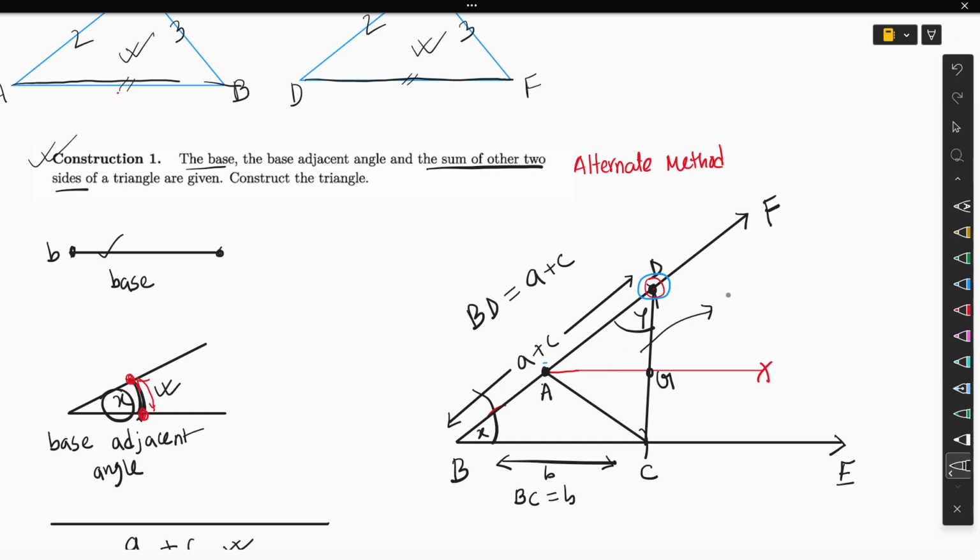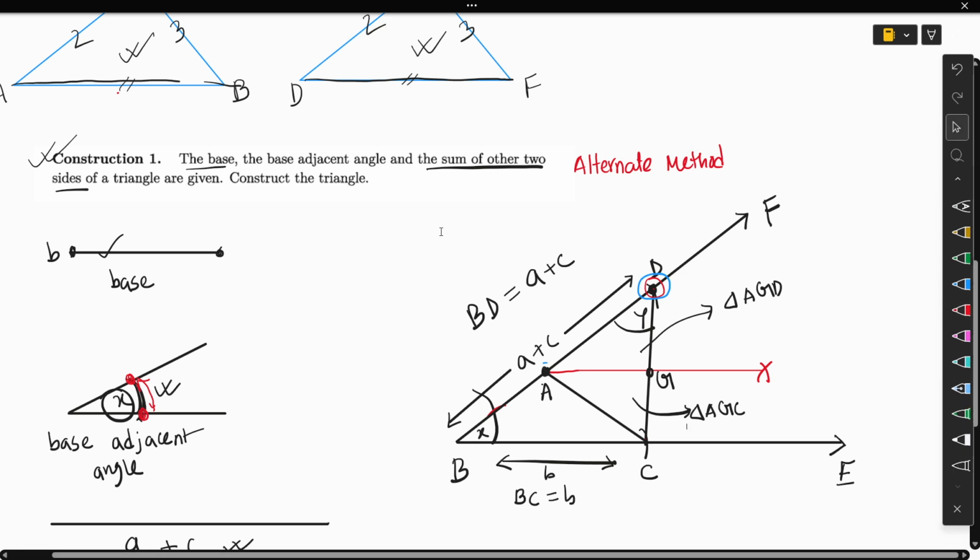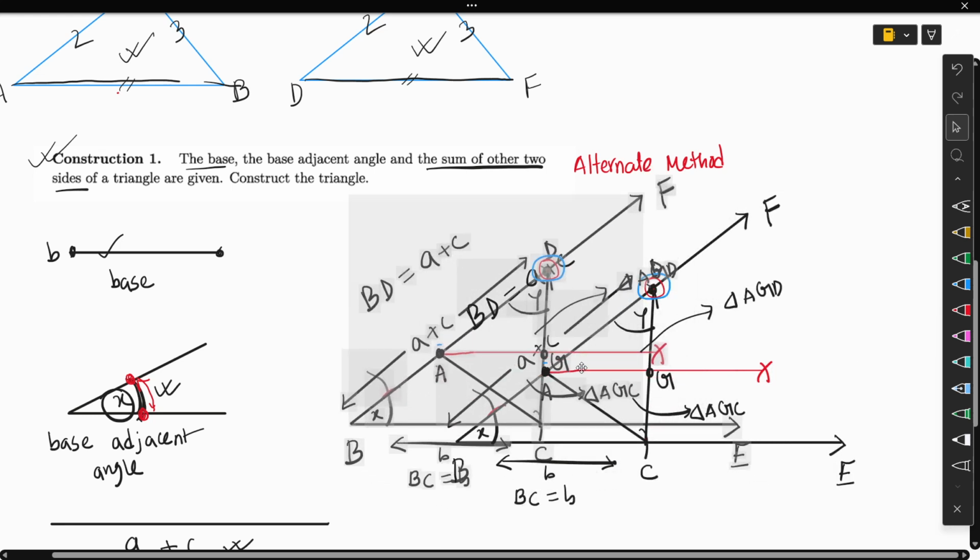This is triangle AGD, and this triangle is AGC. Okay, AGD and AGC. So what is happening? Let's move this one a little bit this side.